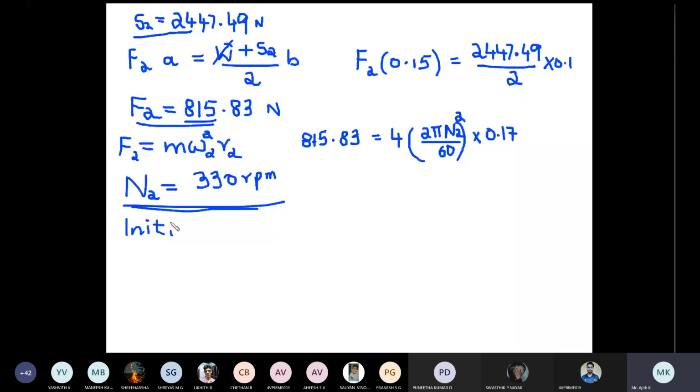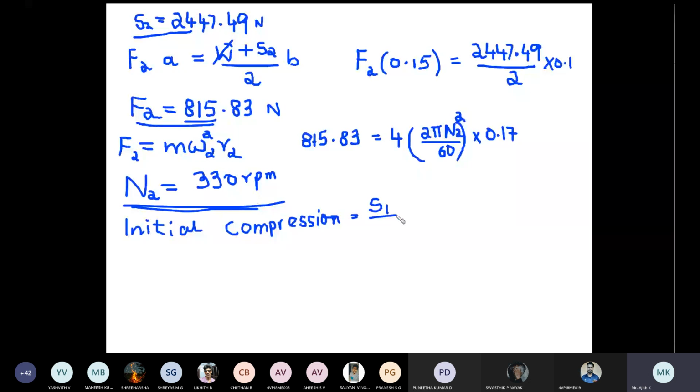Initial compression in case of Hartnell governor is equal to S1 divided by small letter s.